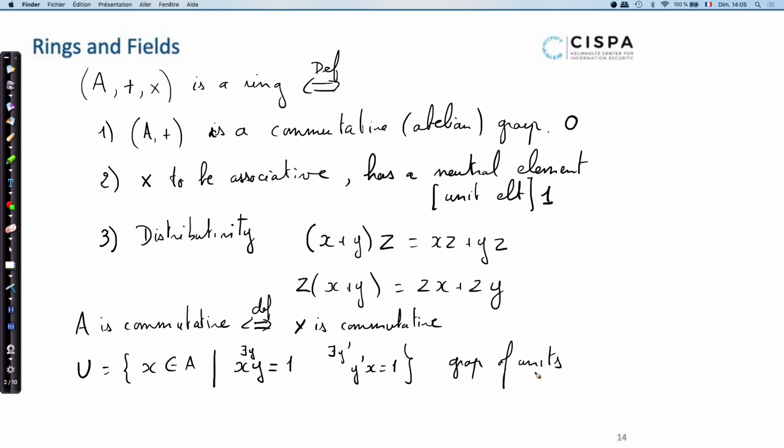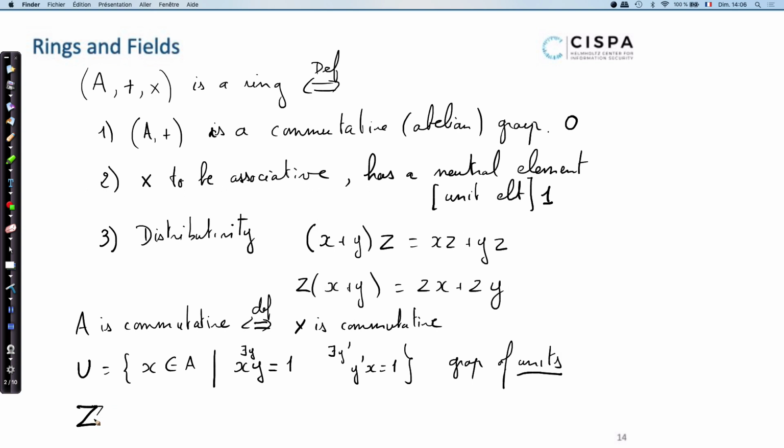So note the difference between units with an S, which is not the same thing as the unit element without an S, and the group of units, well, as its name says, it is going to form a group for multiplication. Okay, so let's take a simple case that you know about.